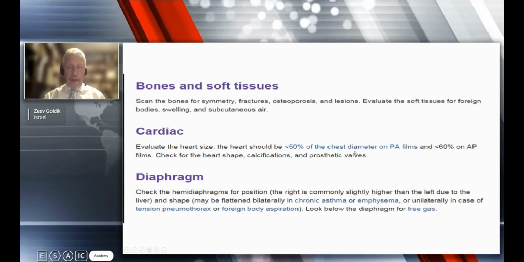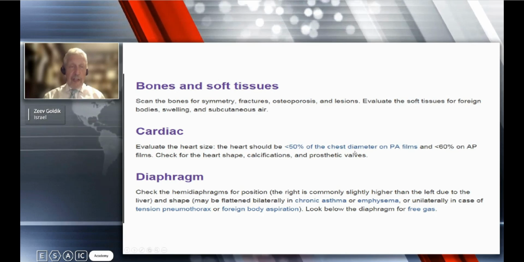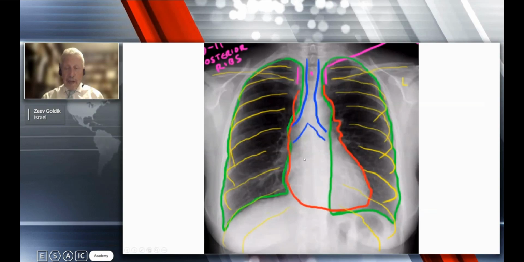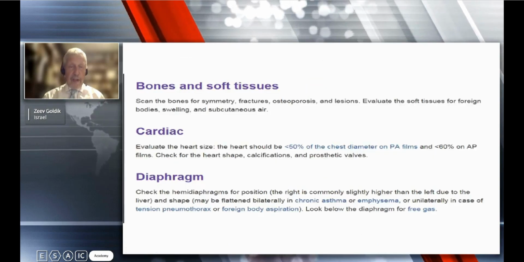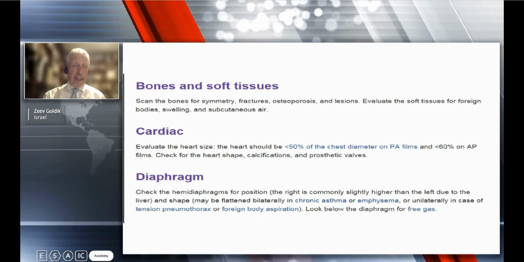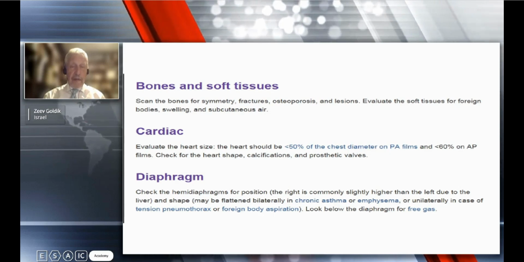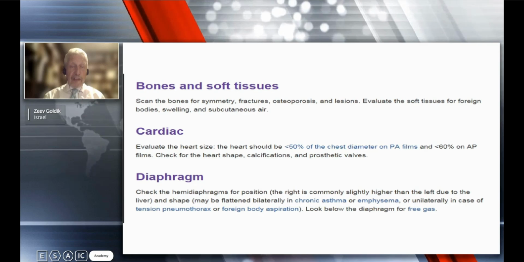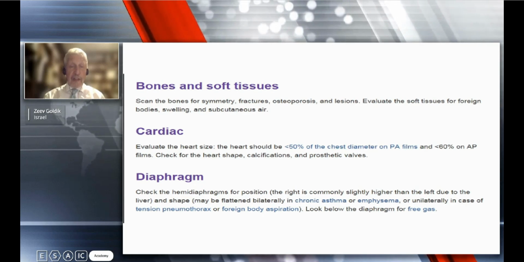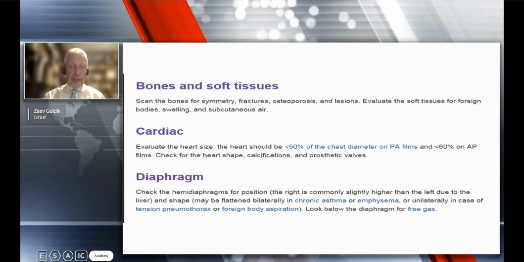If it's more than 50%, that means that we are in the presence of cardiomegaly. A, B, C. C is cardiac, D is diaphragm. We can look at, for instance, a flat diaphragm, which is seen in cases of emphysema.